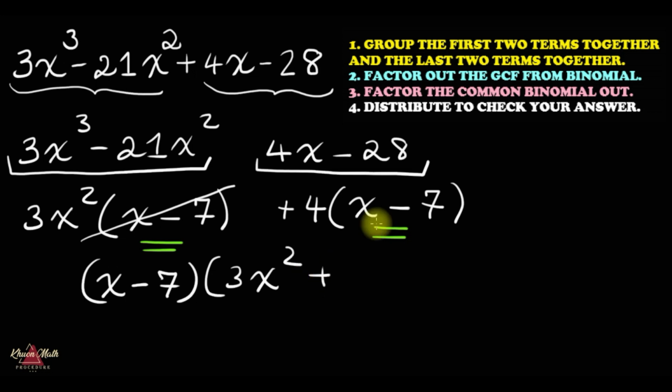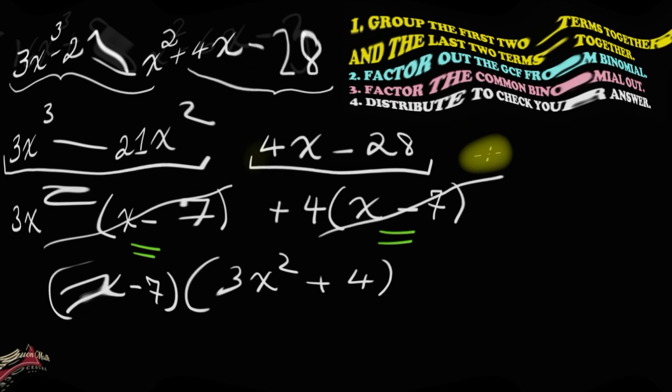And then when you pull out x minus 7 from this term, you're left with 4. Okay, and that's your answer. And then you can check it to see if it's right by multiplying these 2 binomials. We're not going to do it here, but you can check it.